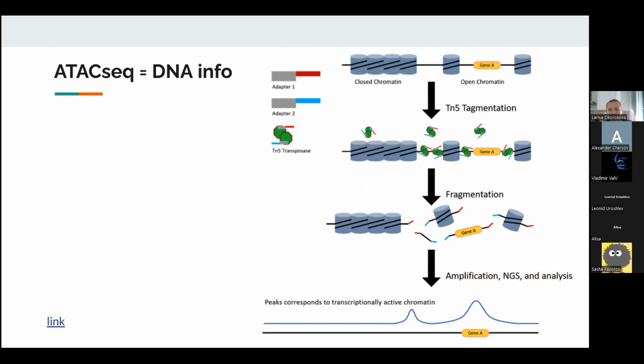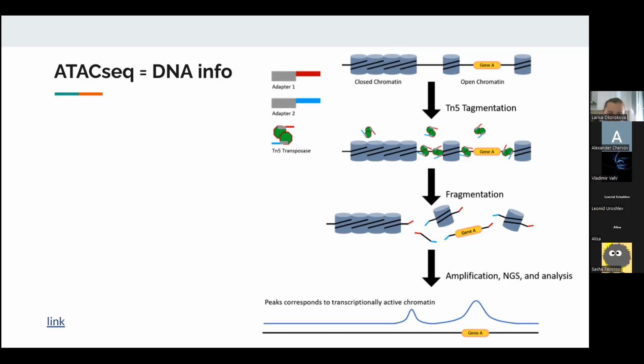It's actually a transposon thing. If this chromatin is open, this transposon can actually cut it. We can extract this DNA, and in this case, you can see here the open chromatin region. After the fragmentation, we still can see this region.